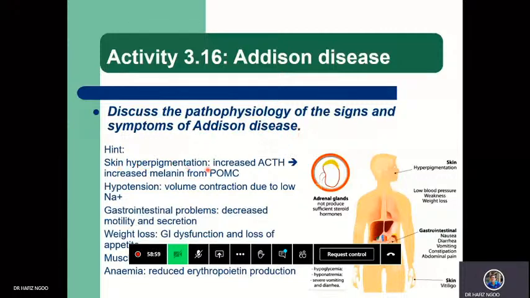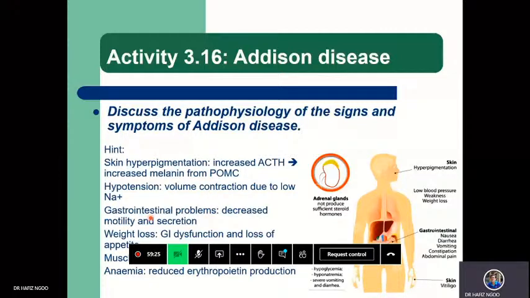So you have hyperpigmentation, increased ACTH, increased melanin from the POMC. Hypotension, because there is low aldosterone. That's why there is volume contraction due to low sodium, so you have hypoosmotic contraction. Still remember the year one physiology classes.